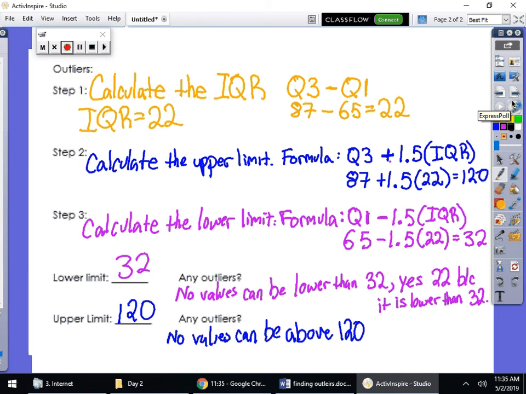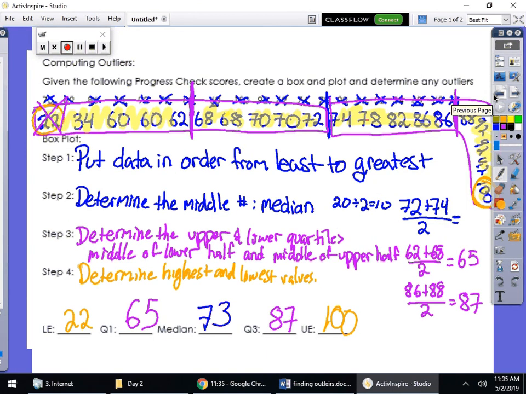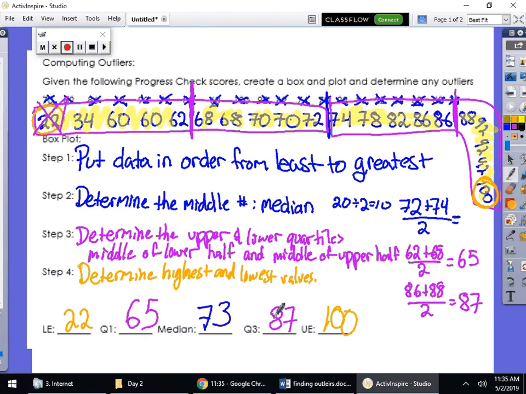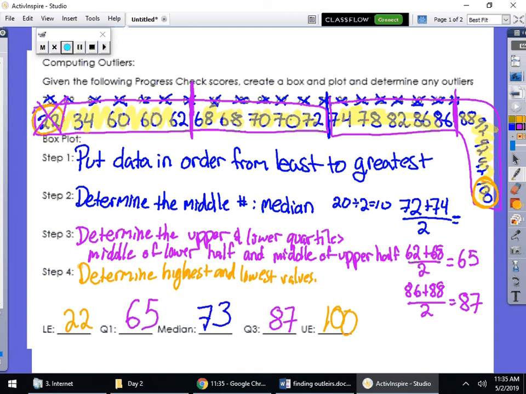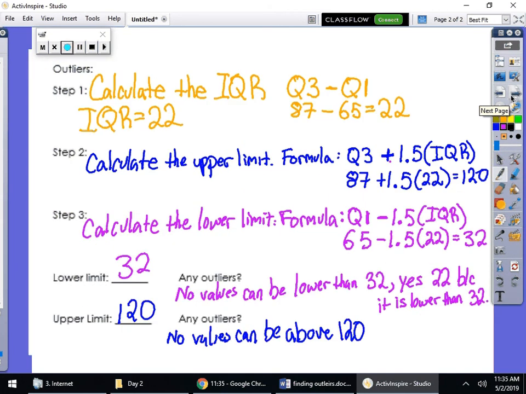So we have to calculate all of these values first: the median, the upper and lower quartiles, and the upper and lower extremes. And then we're going to use these formulas. You have to be able to use the formula for the IQR, Q3 minus Q1.